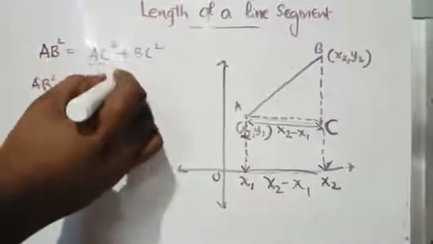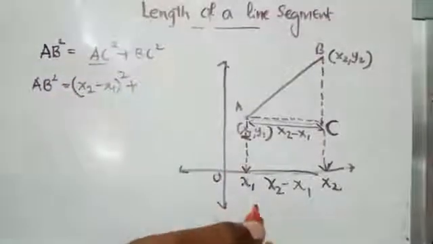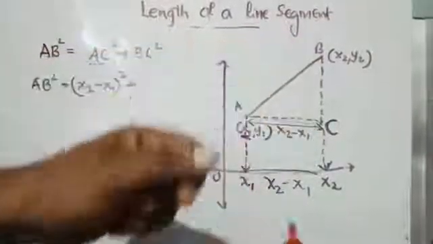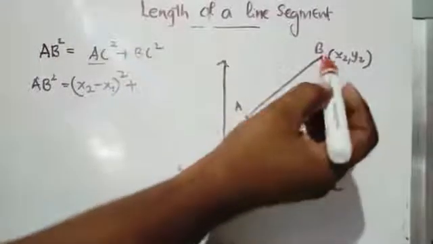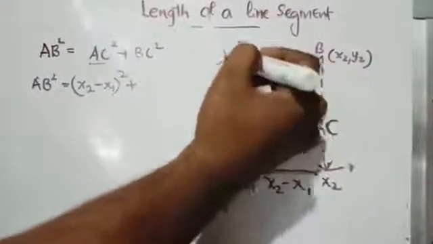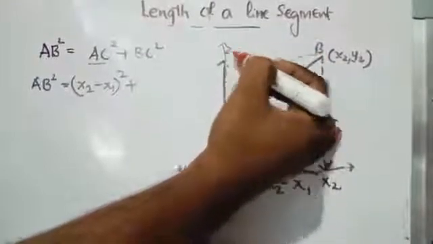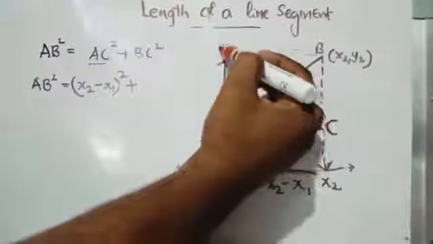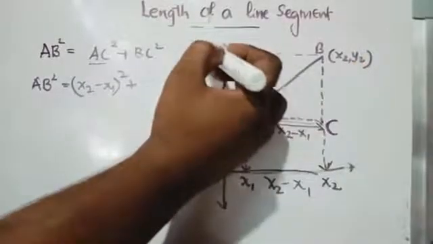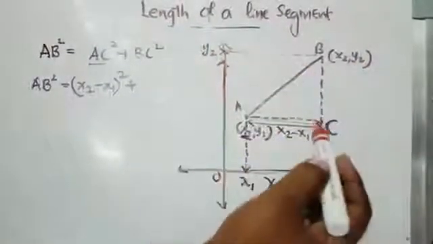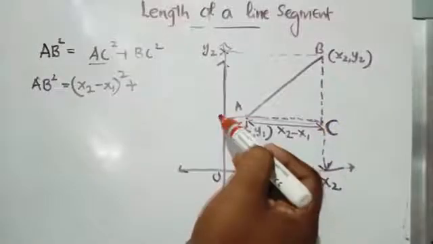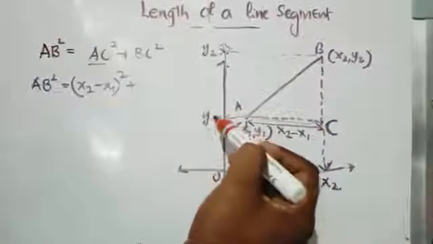the whole squared. Plus, now we want the length of BC. A similar method we can use. Let's take this point. On the y-axis, this point will be y2. And C, on the y-axis, this point will be y1.